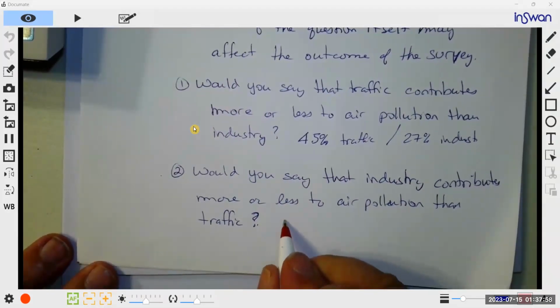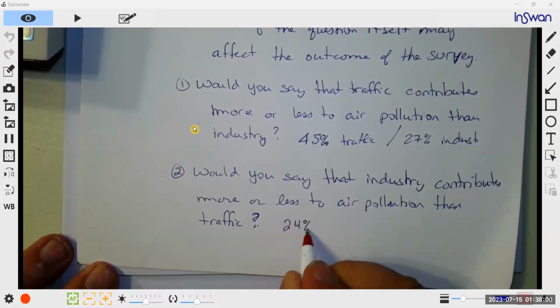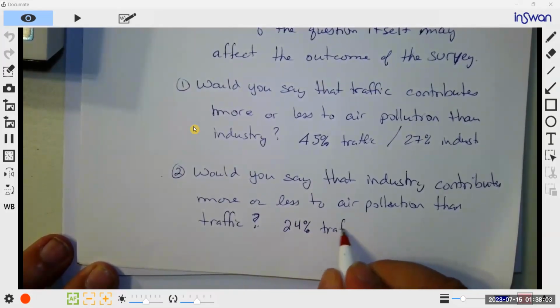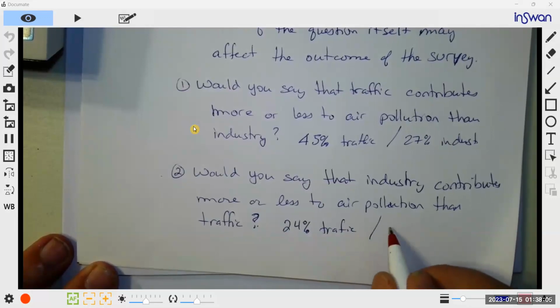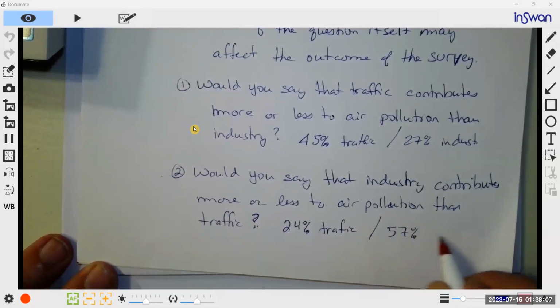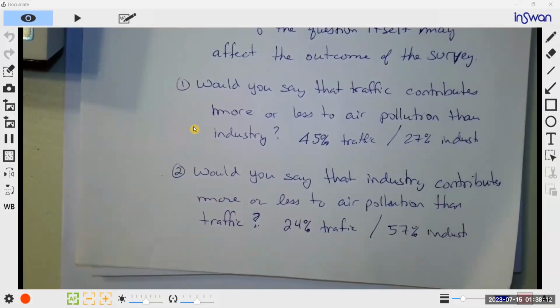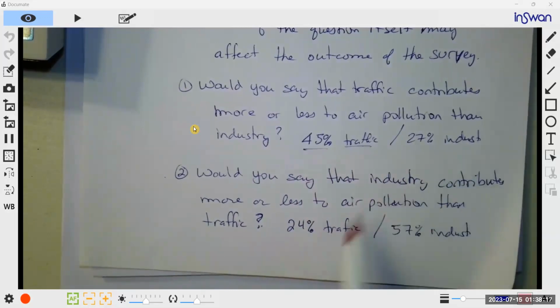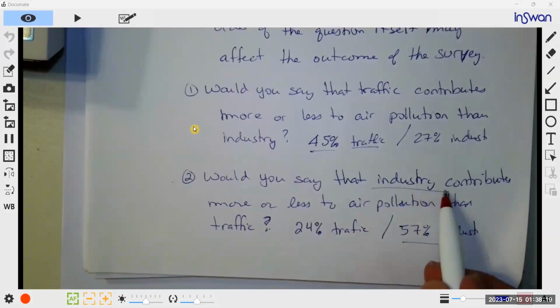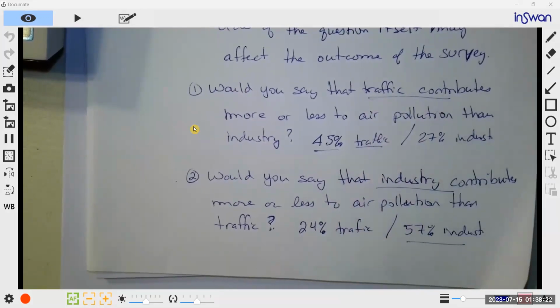On this example, 24% said that traffic and 57% on industry. You notice whatever's bigger comes first in the question. So by the order of how you put things in the question, you've pretty much influenced how they're going to respond.